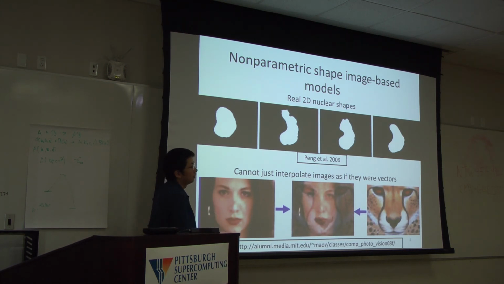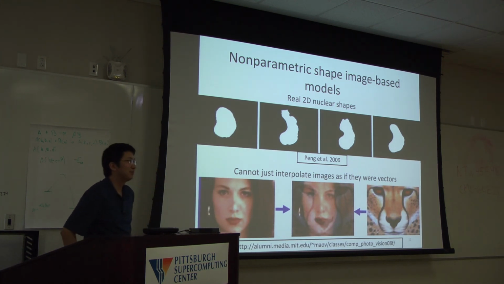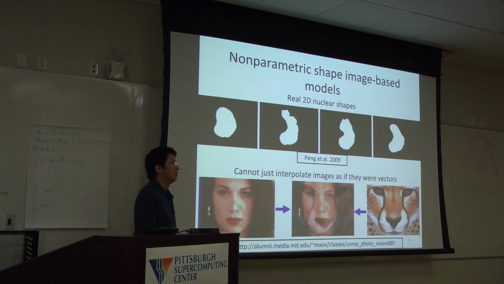I guess I'm just questioning. You're saying you cannot interpolate the images if they're vectors. I'm wondering why that's true for the real nuclear shapes. No, it's not true. He's just showing these images. To go from one end to the other, you could do it. You can't do it using a linear interpolation. Yeah, you can do it, but it will not get a good result.